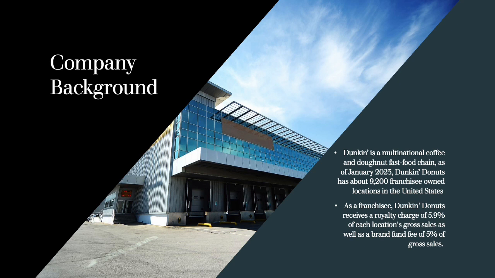Now, as a franchisor, Dunkin' Donuts receives a royalty charge of 5.9% of each location's gross sales, as well as a brand fund fee of 5% of gross sales, adding to a total combined percentage of 10.9% of every location's gross sales.